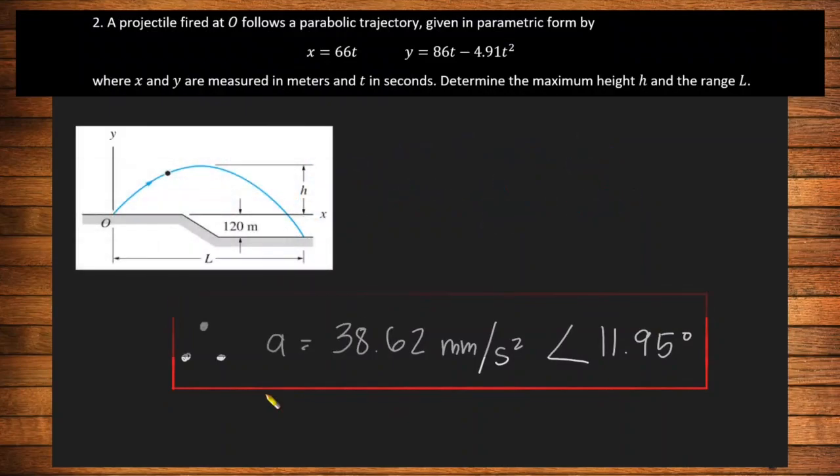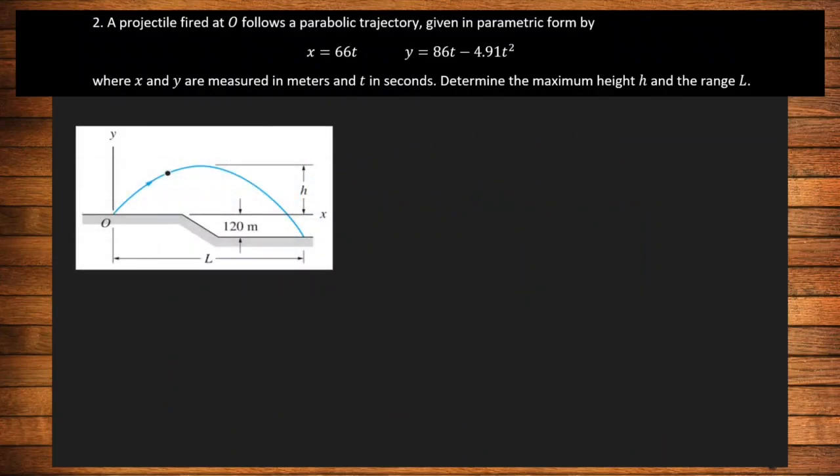Okay, so for the next example, we have a projectile fired at point O follows a parabolic trajectory given in parametric form by x equal to 66t and then y equal to 86t minus 4.91 t squared, where x and y are measured in meters and t in seconds.